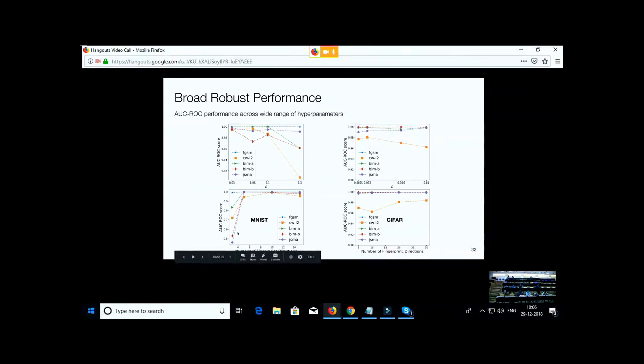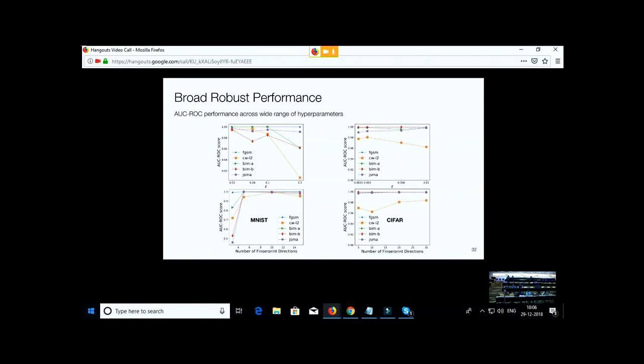For instance, here on MNIST, you can see that if I only chose 2 delta X's, then I would get an area under the curve of anywhere between 50% and 100%. But as we increase the number of fingerprints from 2 to anywhere beyond 5, we see that the area under the curve jumps up to close to 100% very quickly.